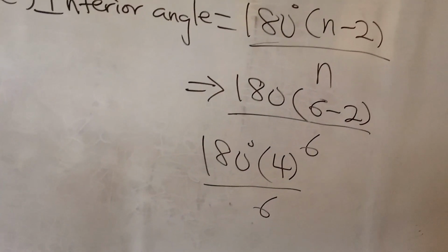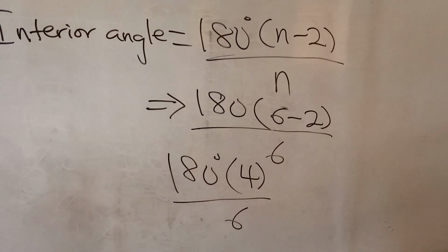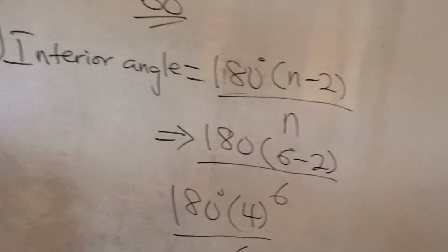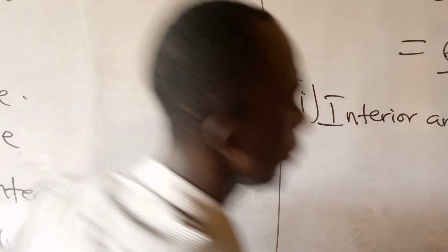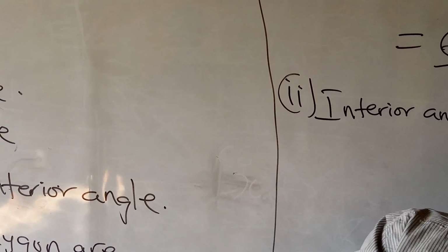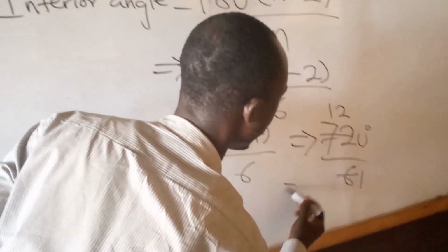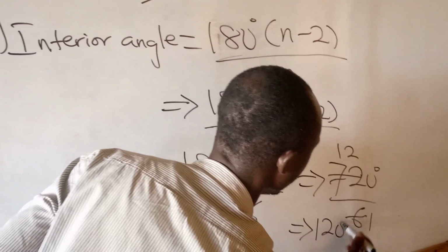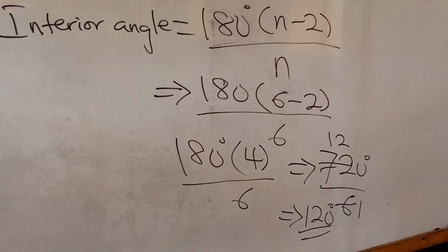And 180 times 4 is 720. 720 over 6, and 6 goes into 72 twelve times. We have 120 degrees. That's our interior angle.